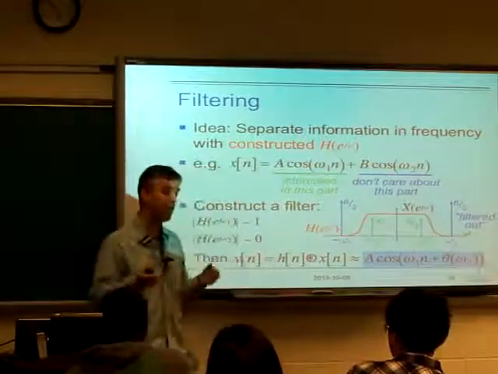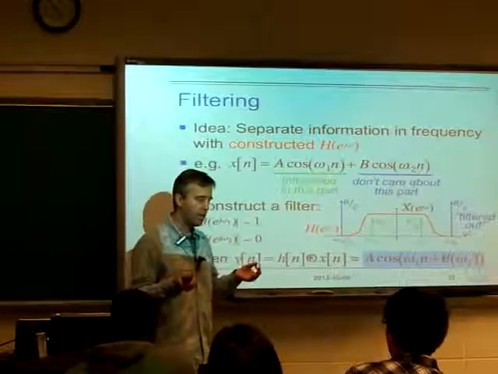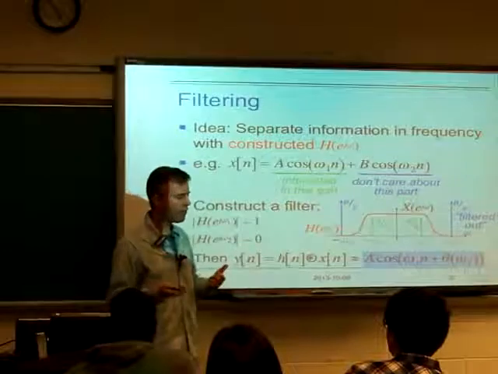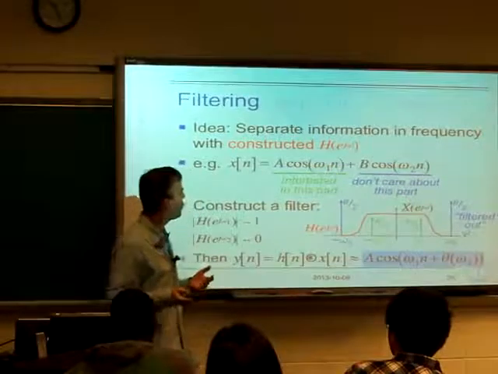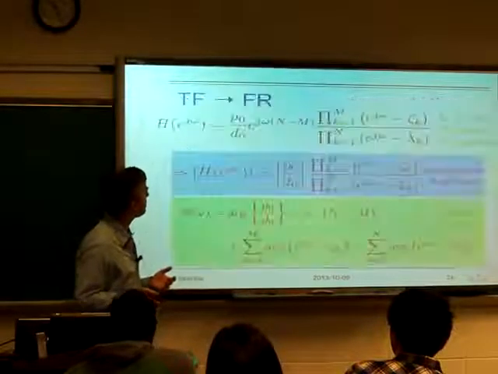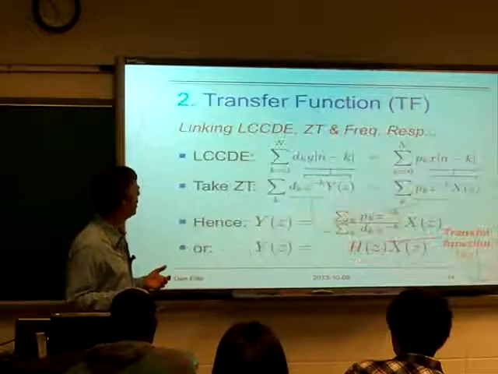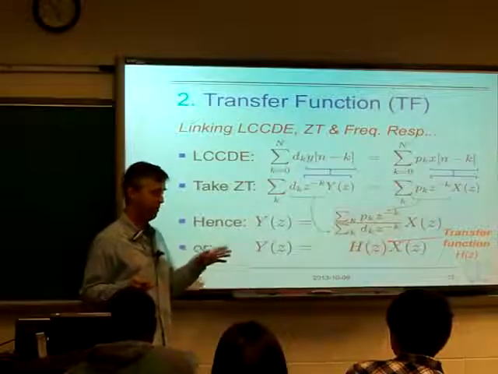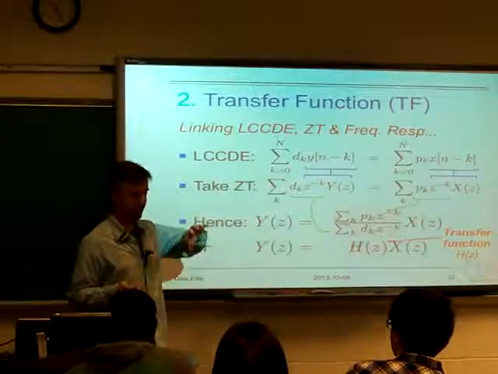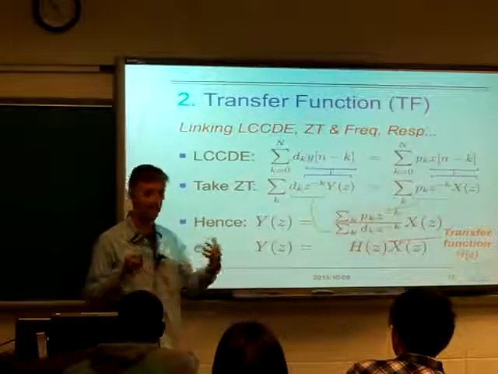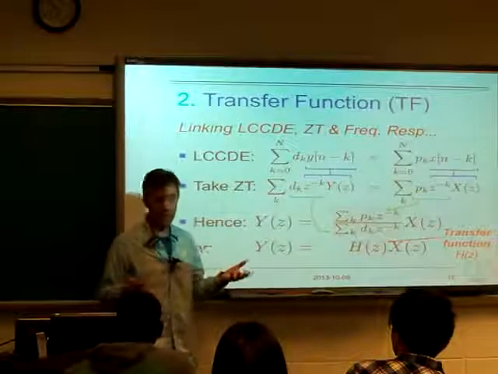Basically, we've got these tools, the Fourier transform and the Z-transform. What we did last time was call it the transfer function, which is describing the system through its Z-transform, but interpreting that as a map of the Fourier transform.